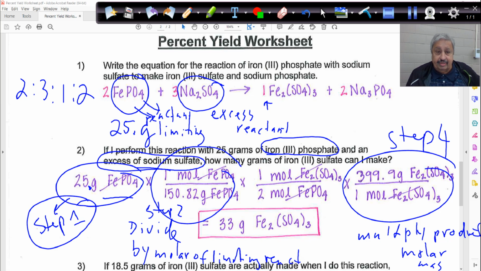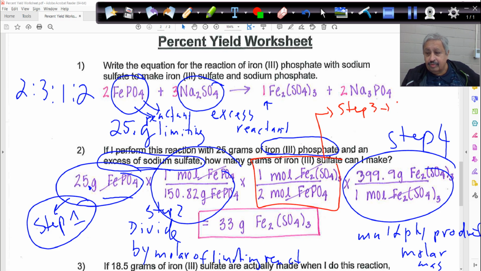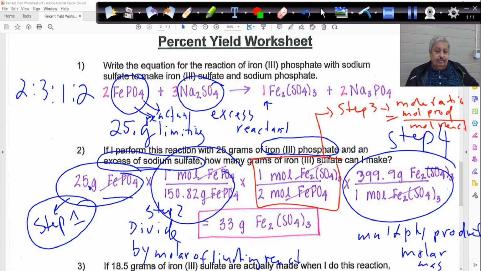This step here is the mole ratio, step number 3. What's this mole ratio looking like? It will be moles of product to moles of reactant, correct?